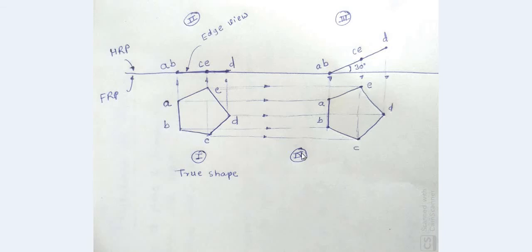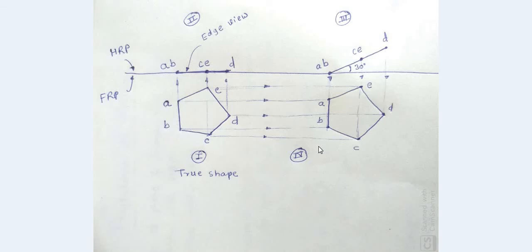This would be our fourth step. So the third and fourth steps collectively complete the condition with respect to HRP. Only AB we have kept in HRP and we have given inclination to the edge view as 30 degrees. So the second data, that is the condition with respect to HRP, is complete.